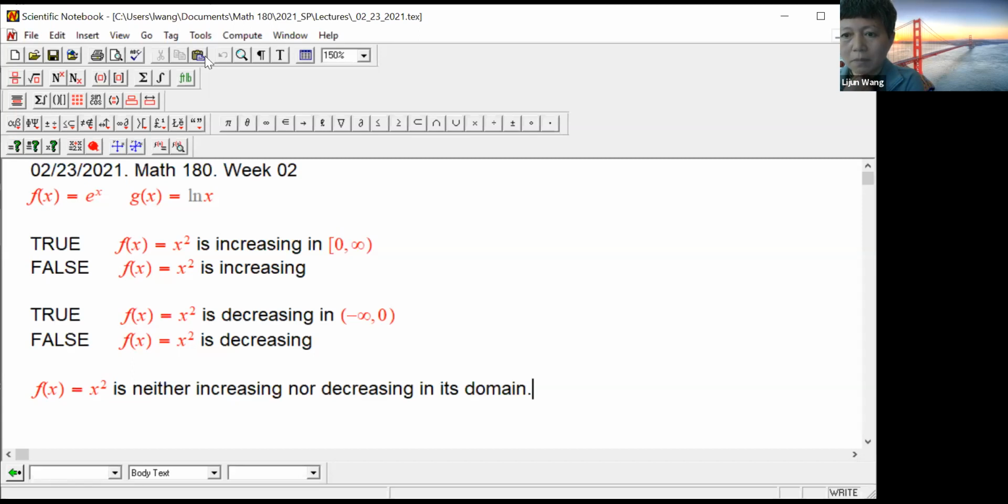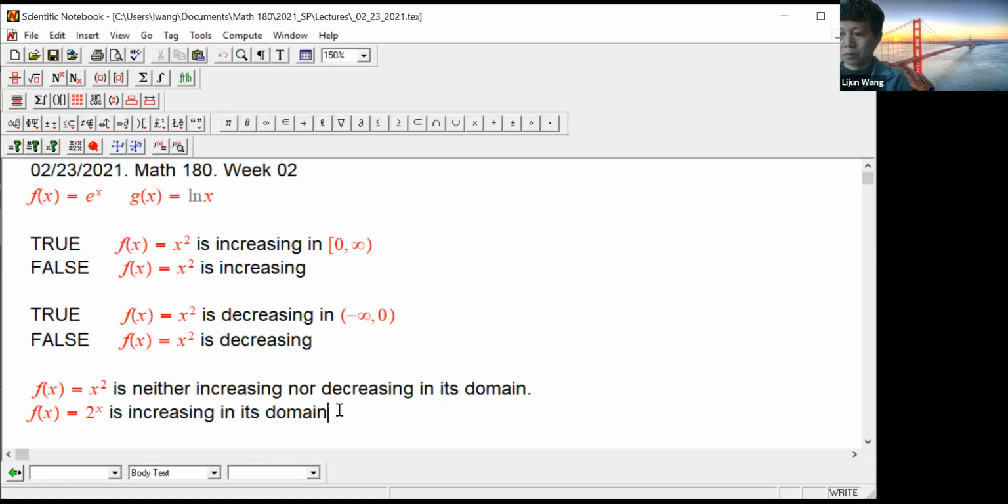Okay. So how about log base 2? Do you need to clarify about log base 2? Right? So I can say f of x equals 2 to the power x is increasing in its domain.